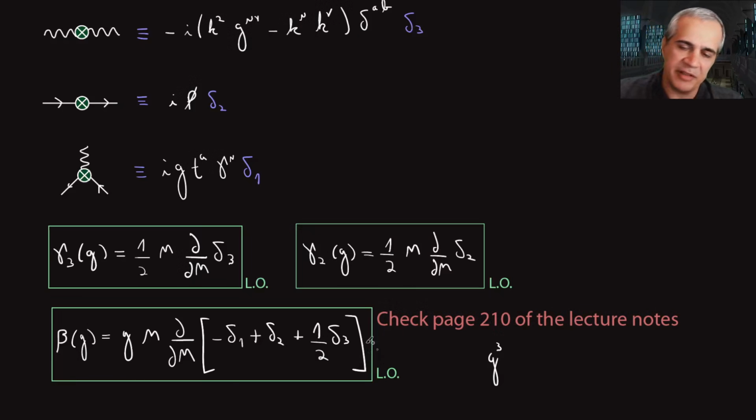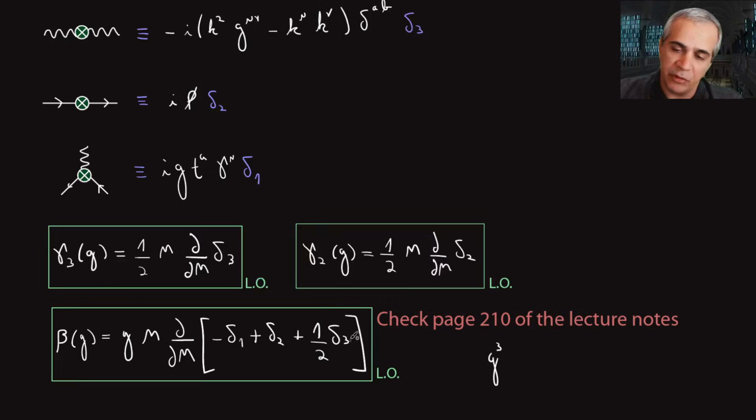And you see it's a very similar thing to what we get in QED, with one important exception, that in QED delta 2 was equal to delta 1. So these two would cancel out and you only get a dependence on delta 3. Now things are more complicated and I'll have to calculate each of these counter terms separately. Okay?